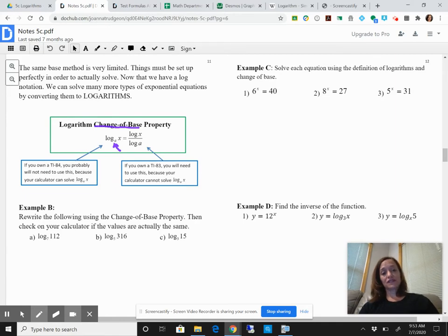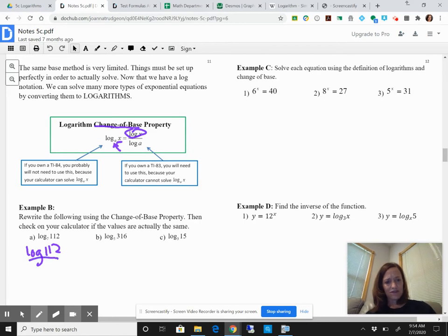So for instance, I'll skip down to b, and then we'll talk a little more here. This log base 7 of 112, I can change it to log 112 over log a, so log whatever the base is, log 7.